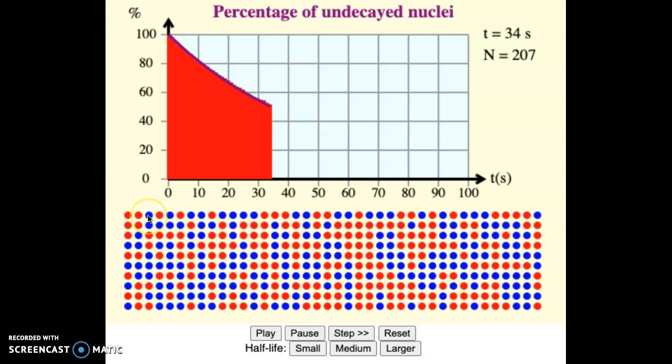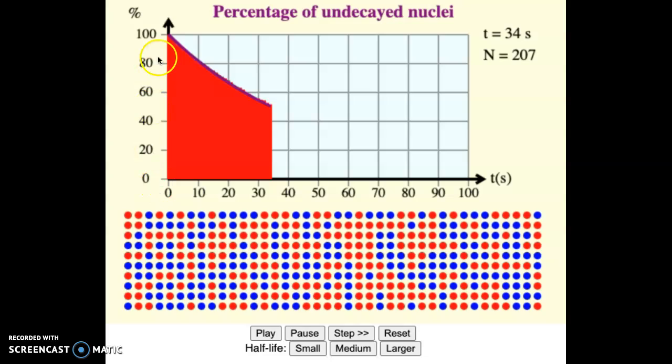So this blue dot represents a nucleus which has lost an alpha or a beta or a gamma and has now become stable, right? So what this graph now is representing is the percentage of undecayed nuclei. How many are left, right? So this is a plot of the red dots, the undecayed nuclei.